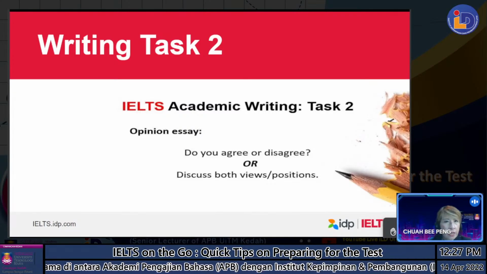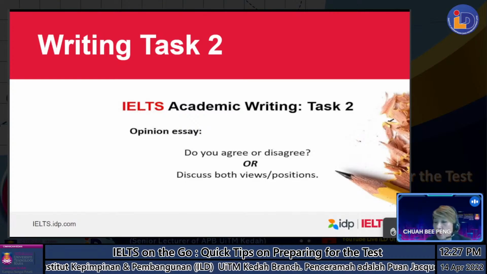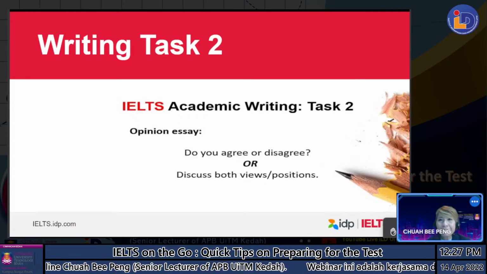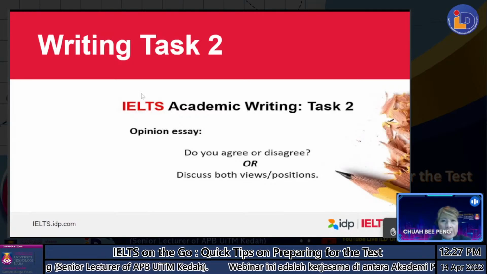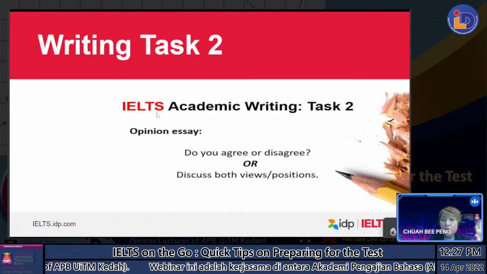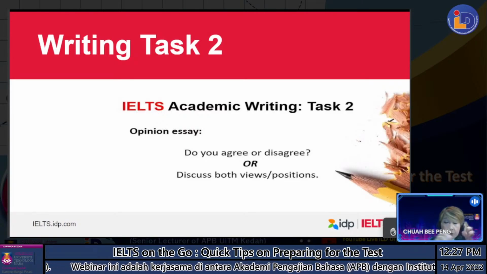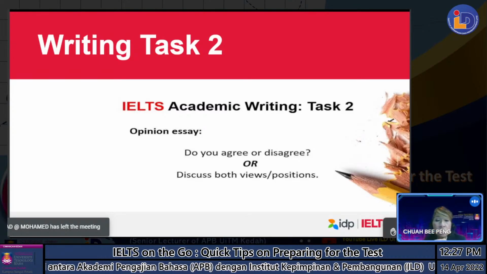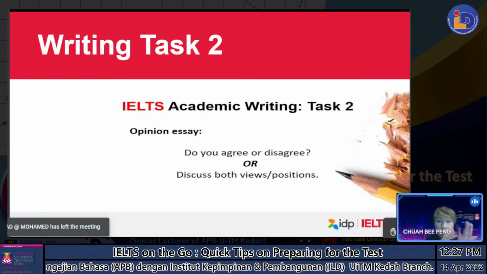No, you cannot. When you memorize, the examiners are all trained examiners. They will be able to identify that. They will say, oh, this one clearly memorized from another essay type. So you get very low marks for that. And you see, like line graph, the language that you use to describe the differences is different.